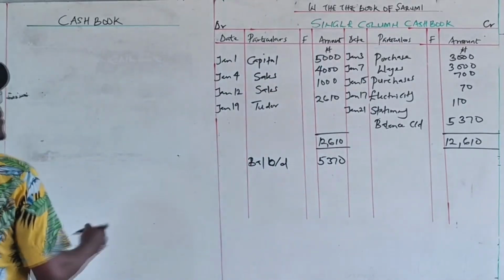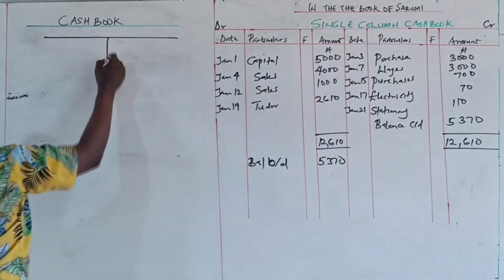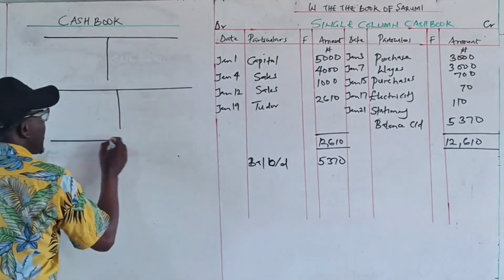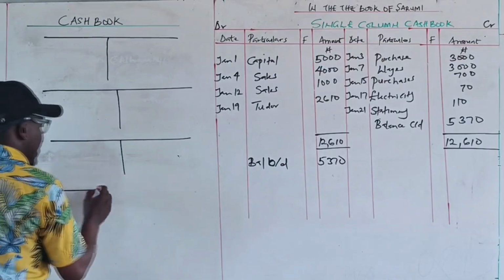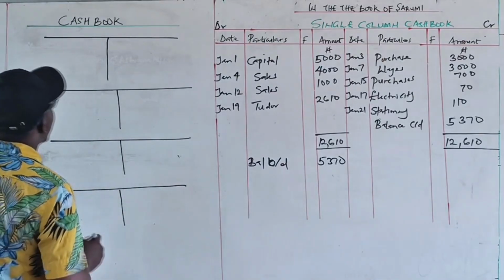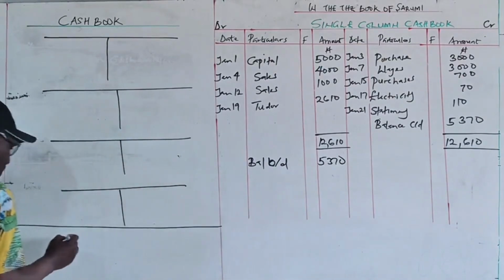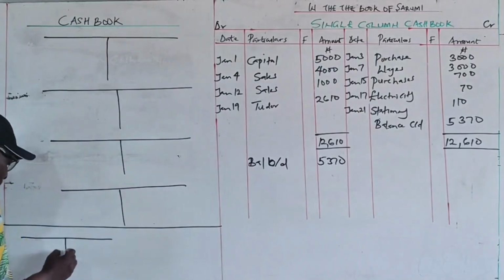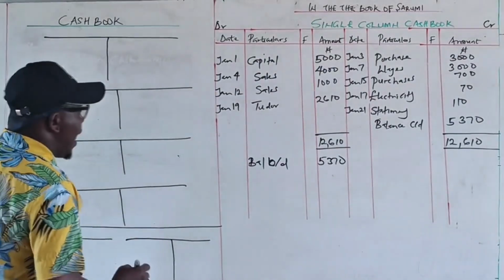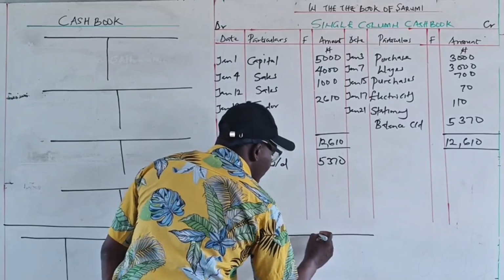So in this case, I'm going to prepare the capital account, account for sales, account for purchases, account for trade, electricity account, wages account, and lastly, my stationery account.